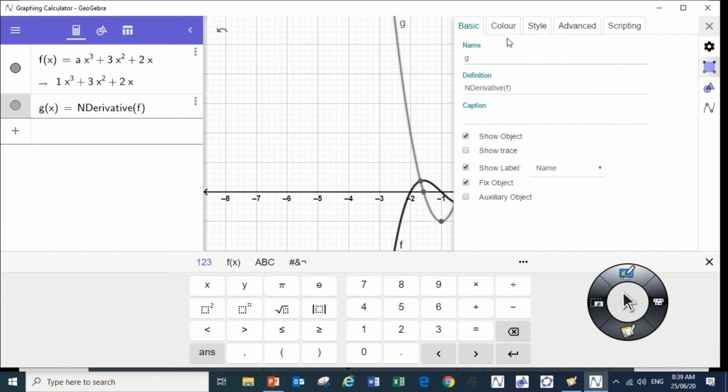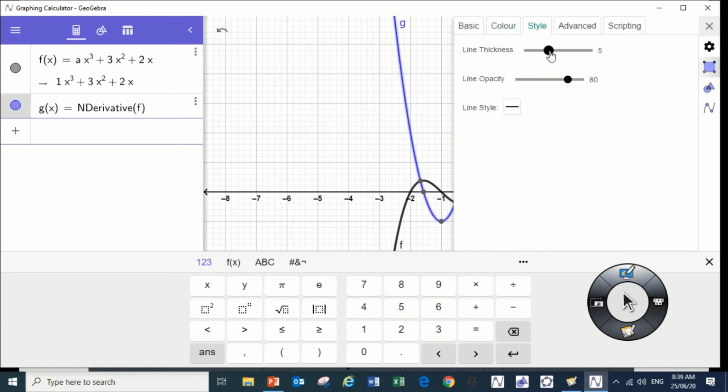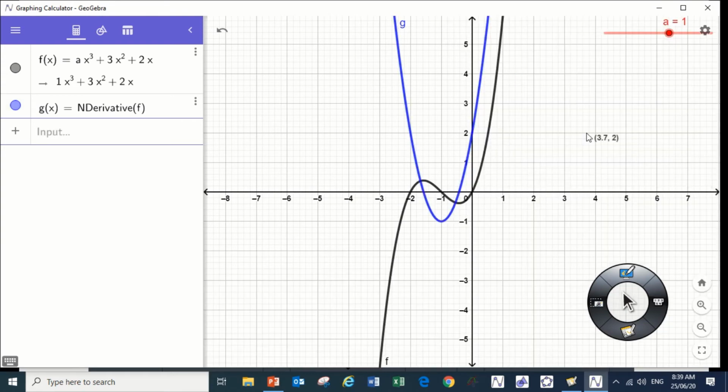I'm going to change the color there so that you can see it clearly. Your first derivative is quadratic.